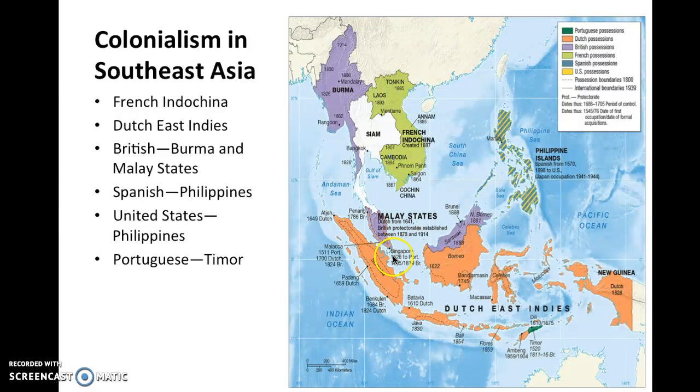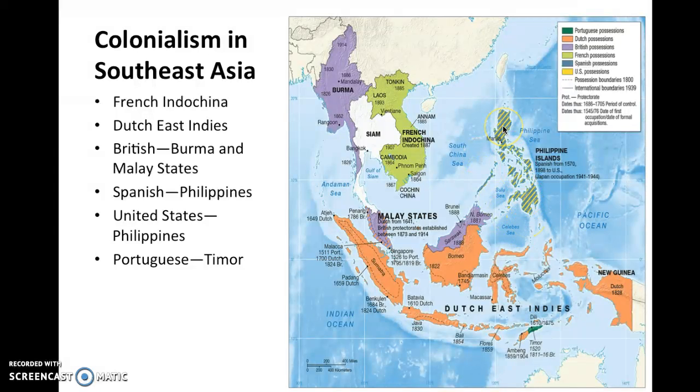There was no city there before the British. And they founded it to control these straits here for shipping. And then Sumatra was Dutch. So this was Dutch East Indies. And this Timor-Leste here, this end, is actually a Portuguese colony. And this Philippines at one time was Spanish colony until 1898, and then it became a U.S. colony.